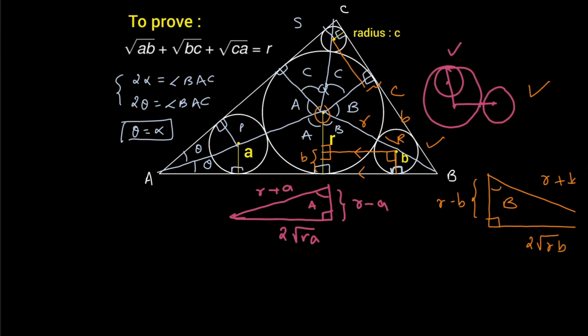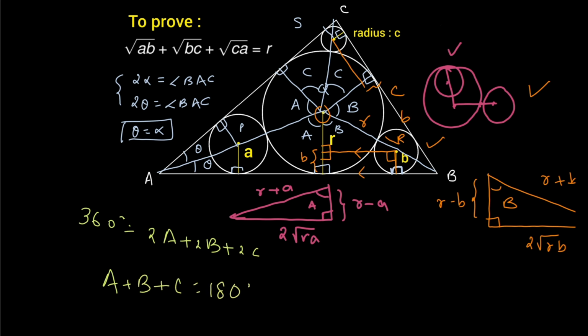So we know this thing very well, that a complete angle is 360 degree, and as per our diagram, 360 would be equal to 2 times A plus 2 times B plus 2 times C. Okay, so by dividing both of the sides by 2, we get A plus B plus C as 180 degree. So here we have a nice relation between A plus B plus C, that is 180 degree.